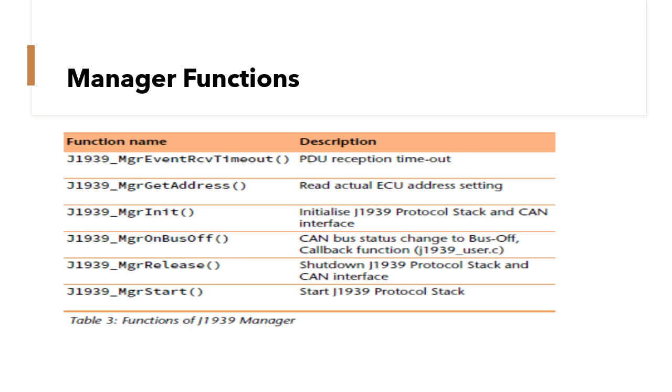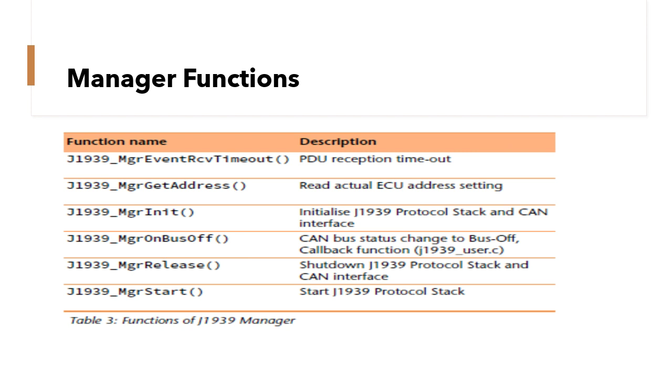Then start J1939 using the start method. So let's look into all these functions one by one: the syntax of each function, how it behaves, and what parameters it takes or its return value type.